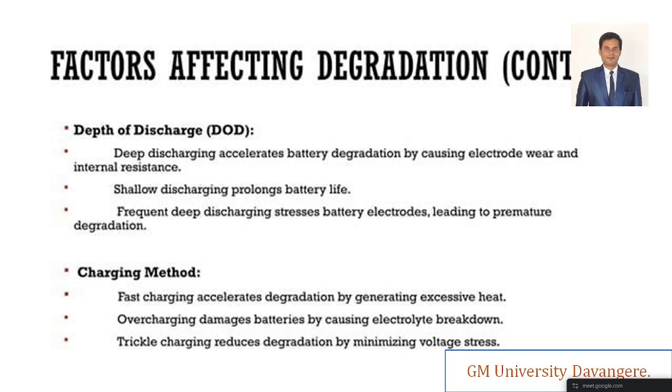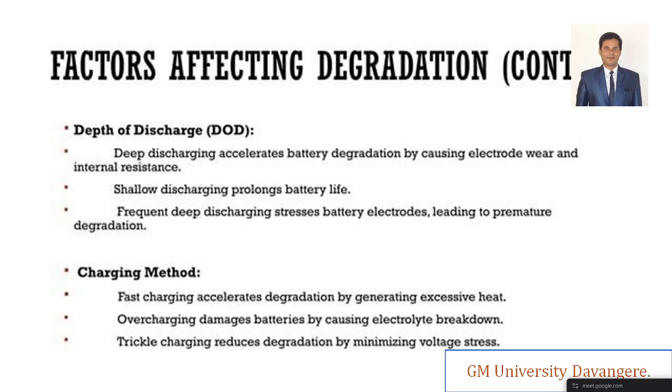Alright, for example, if you charge to 90%, then you use 50%, and again you charge because the battery is only at 50%, right? Again you are going to charge. So what will happen? It has not undergone the depth of discharge. It is not completely discharged to 100%.